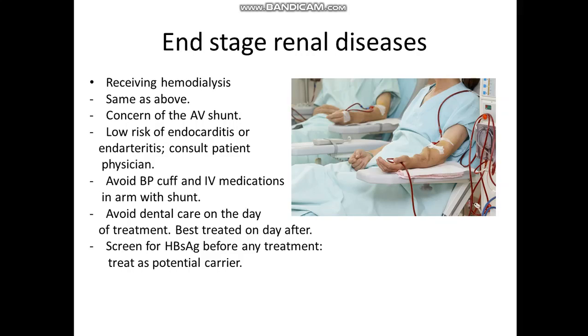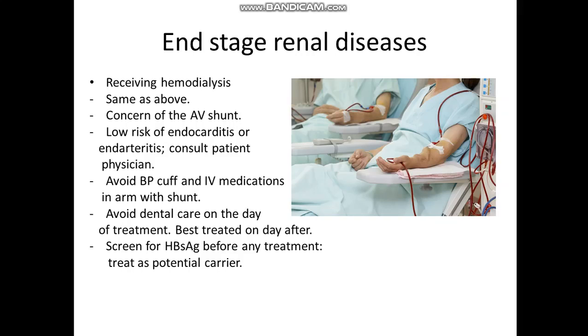The effect of heparin should be abolished, and the action of heparin actually lasts 4 hours. So we have to treat the patient on the day after hemodialysis in order to be sure that the effect of heparin will be abolished. Because of the heparin, the patient may be more susceptible to bleeding.